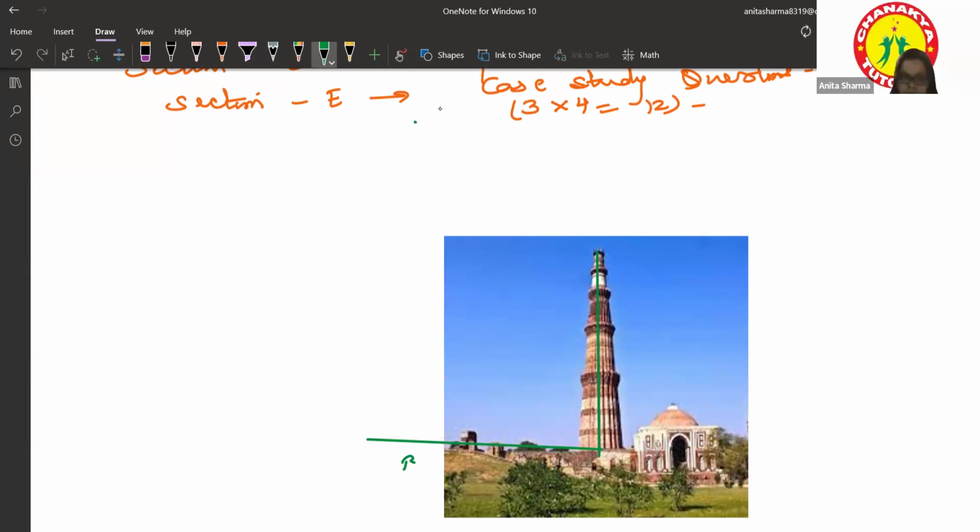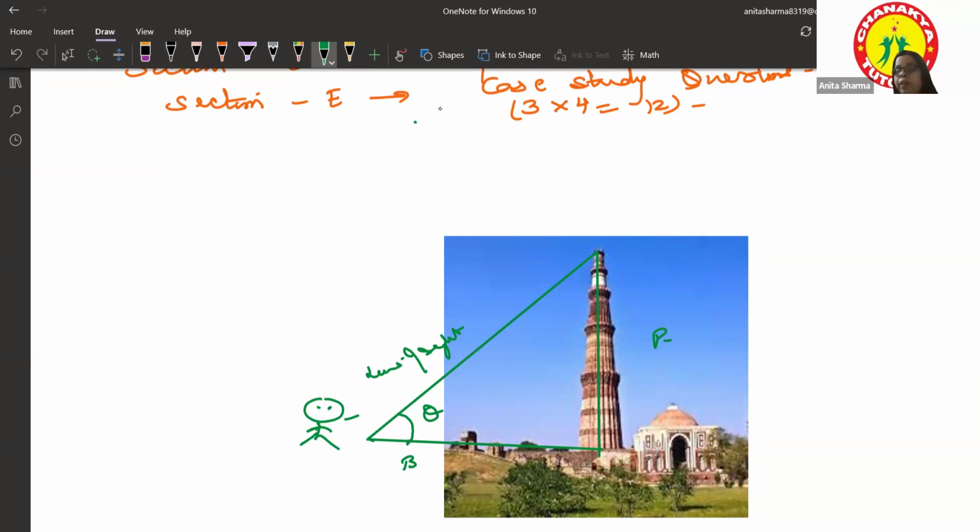Fine. So now we can join. Suppose I'm standing here and I'm seeing this Qutub Minar from this point only. So this will be our line of sight, and the angle made by me with this base is theta, beta.